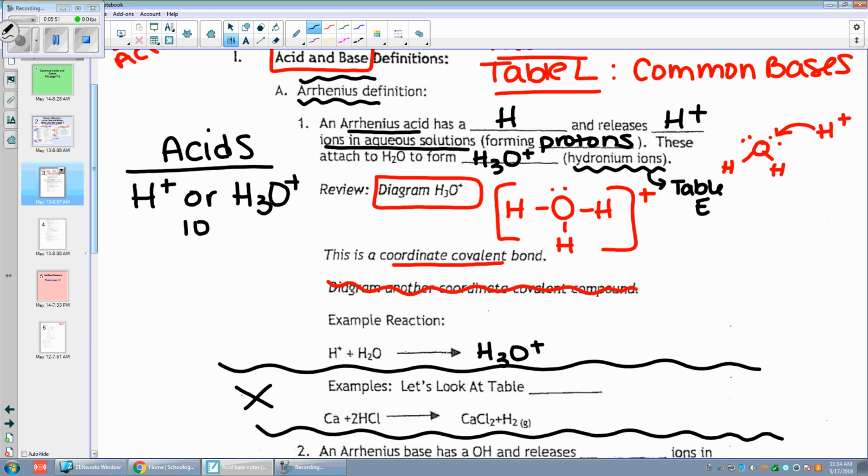You're looking for those ions to be in there. And you want to remember that this is called hydronium. This often is called a proton or your hydrogen ion. So that will be important.